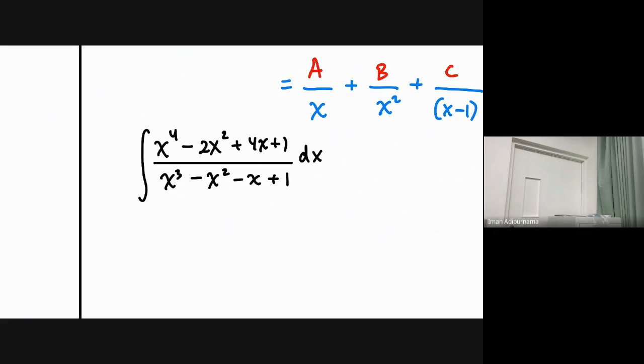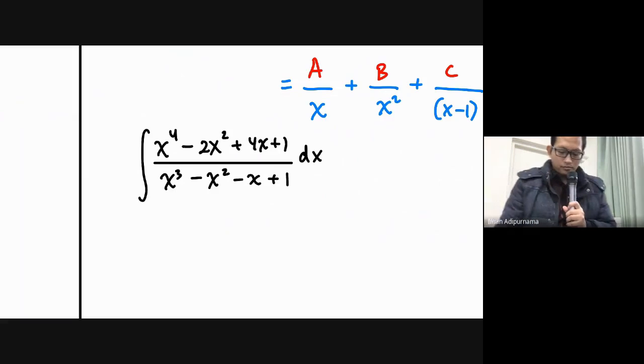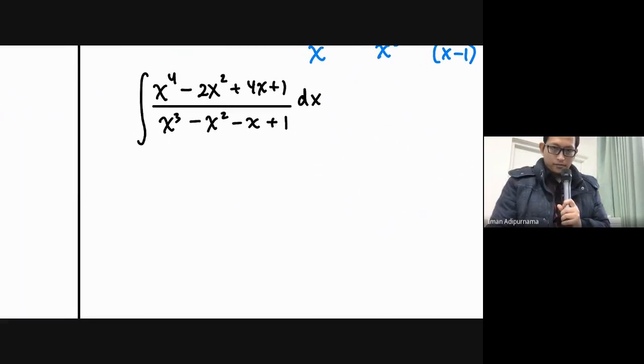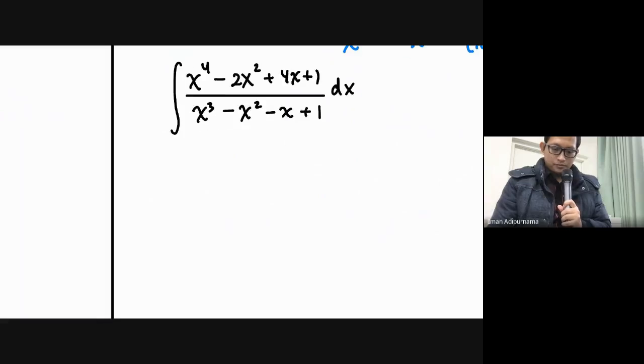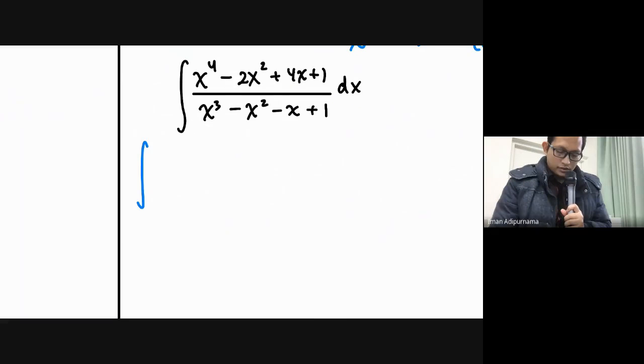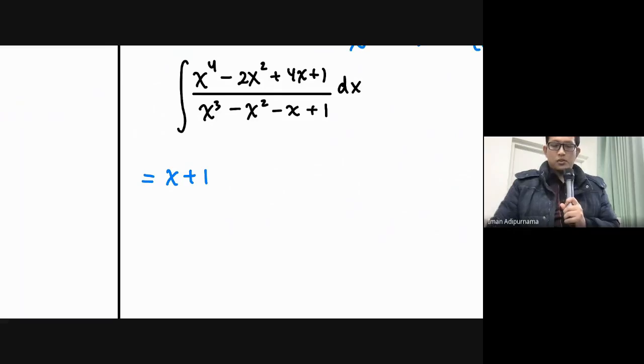So first we can divide this. Let me write just the result of the form: x plus 1, plus 4x. But you need to try to divide by yourself, okay?